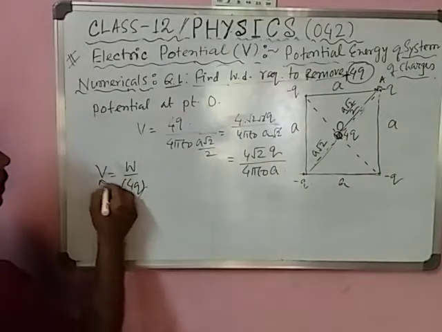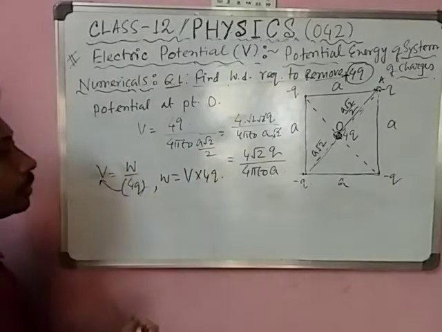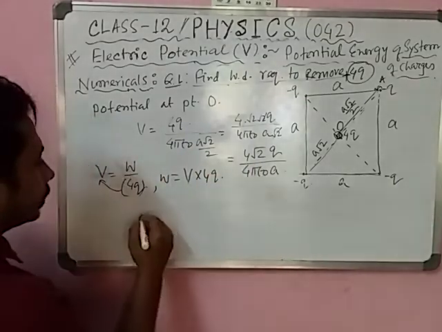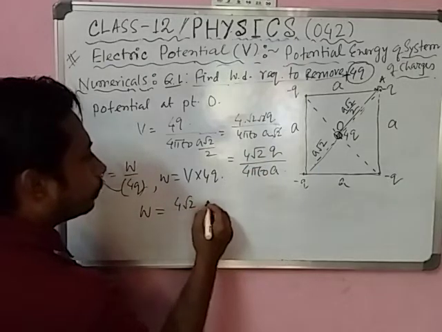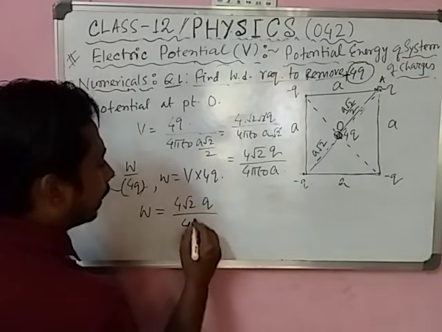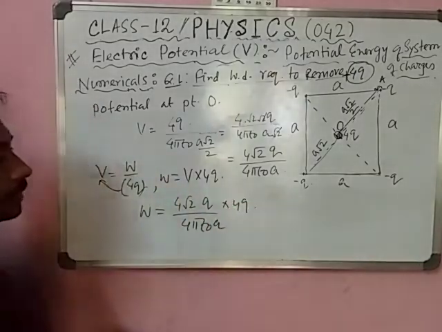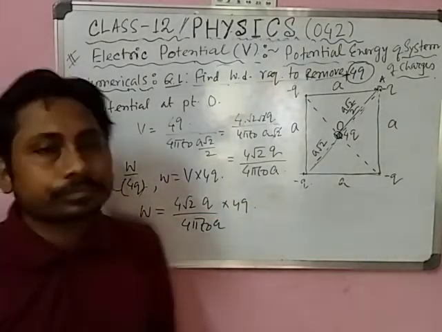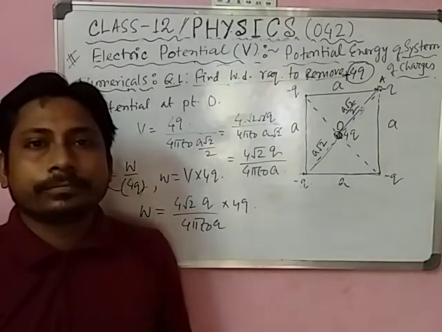So W means V into 4 into q. So you just multiply 4q with this, you will get the answer. So put the value of V here, 4 root 2 q by 4 pi epsilon naught into A, and then into 4q. That is your answer. So student, please write down. Understood? Okay. Please pause the video and write it down. Hurry up.